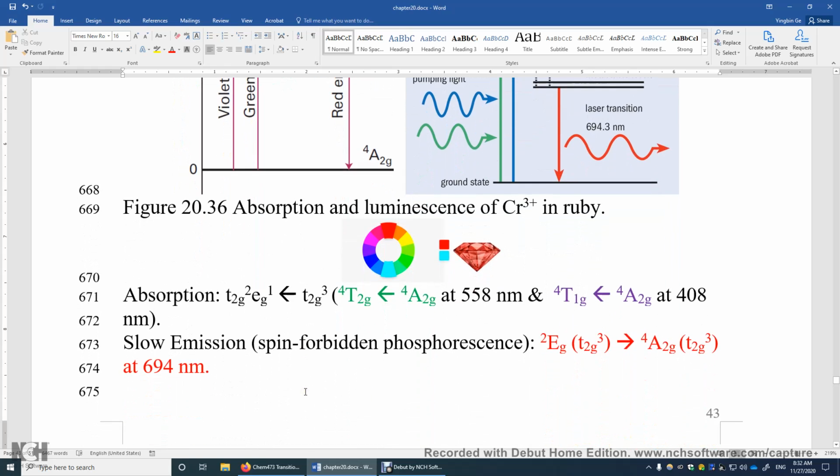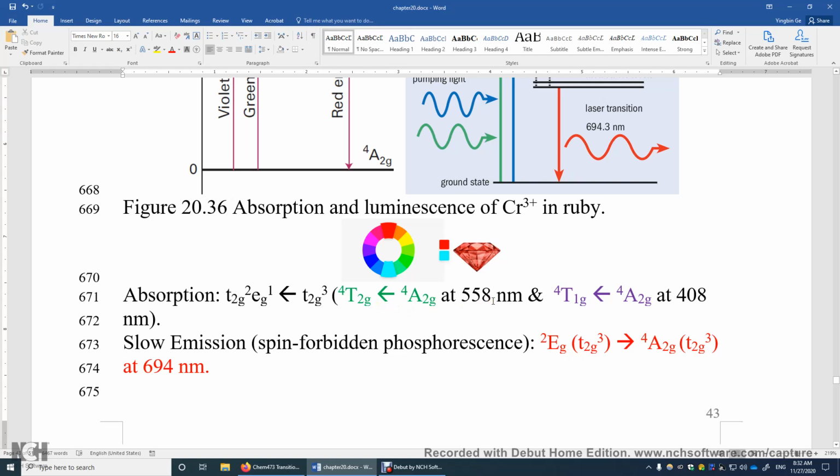Again, let's look at the scientific reasons why ruby is red. It absorbs light at 258 nanometers, which changes the electronic state of ruby from 4A2g to 4T2g. This is a spin-allowed electronic transition.